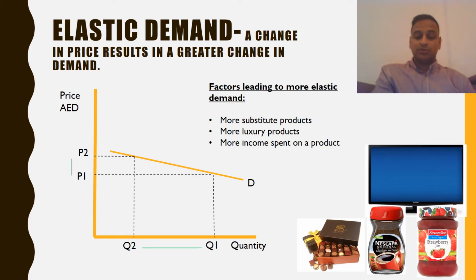So for example, products like chocolates are more elastic in demand, and also the amount of income which is spent on a product. So the greater amount of income spent on a product, let's say for example TVs, the more elastic demand will be. So if the price of TVs increase, then we'd see a greater change in demand.